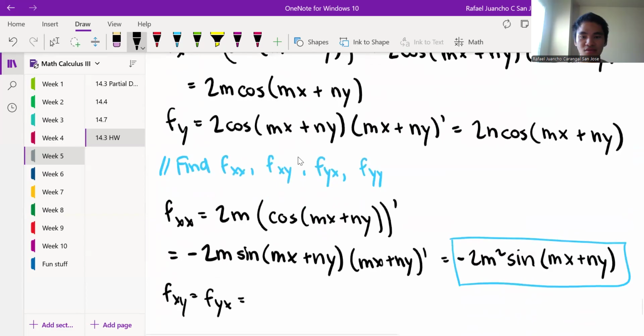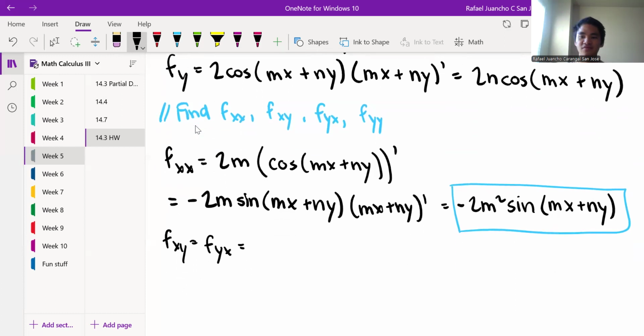So I look at my f sub y, and then I take that derivative. Here, this is my y, and I'm doing it with respect to x. So my y here is going to be a number, and my x here is going to be a variable.